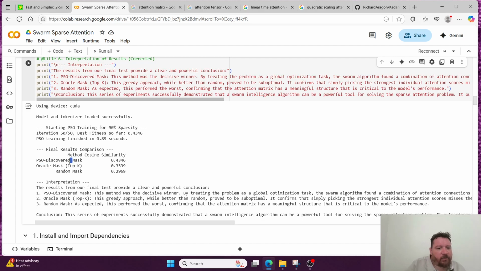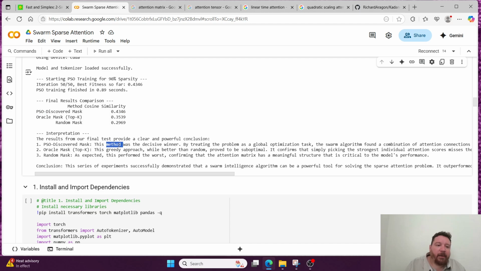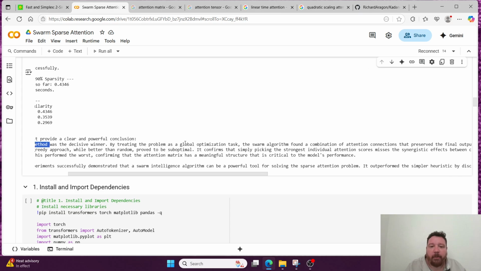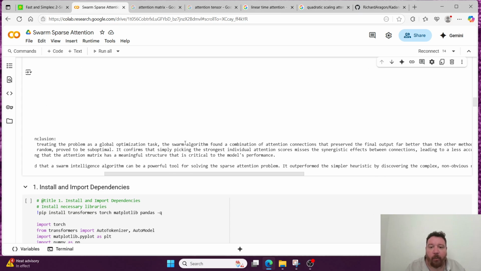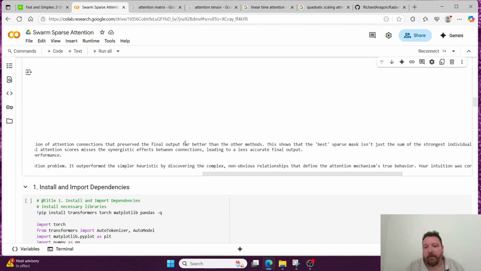The last one, in this first instance, is just particle swarm optimization, the most basic form of swarm algorithm you can do. I just slap it in, see what happens, and with just PSO swarm algorithms, it outperforms anything else I tried. So PSO, discovered mask: this method is the decisive winner by treating the problem as a global optimization task. The swarm algorithm found a combination of attention connections that preserved the final output far better than the other methods.